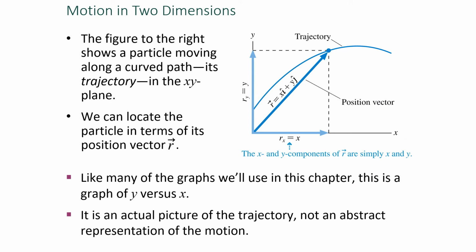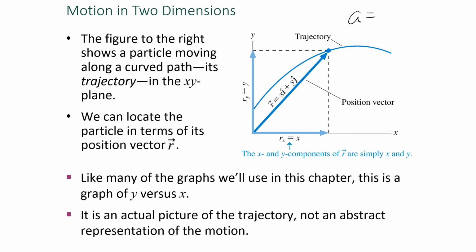Now, when we start working in two-dimensional space, there are some things that you have to take into consideration. One, this object is moving in the y direction, so it is experiencing an acceleration in the y direction. But it's also moving in the x direction, and especially in the case of projectile motion, our acceleration in the x direction is 0.